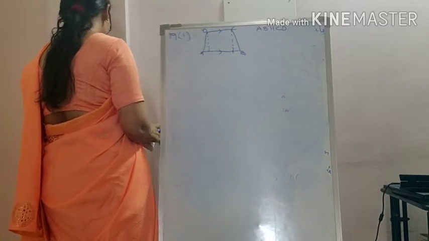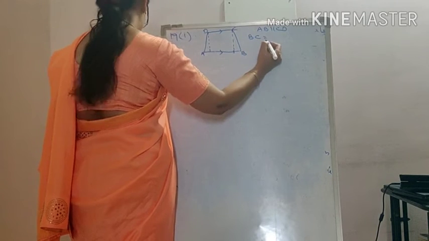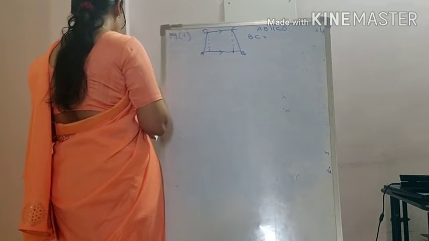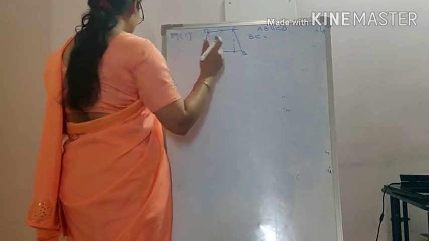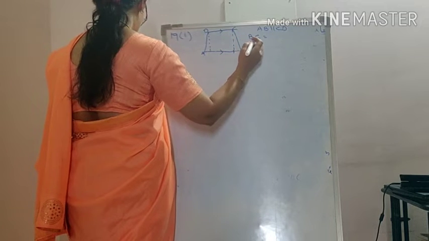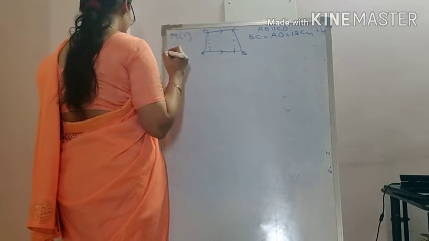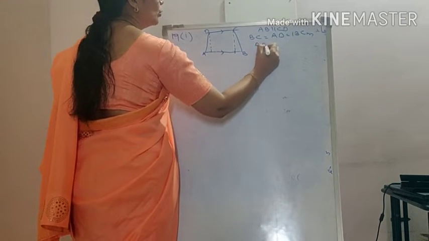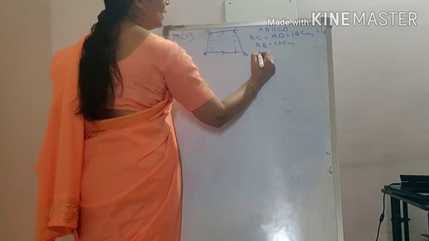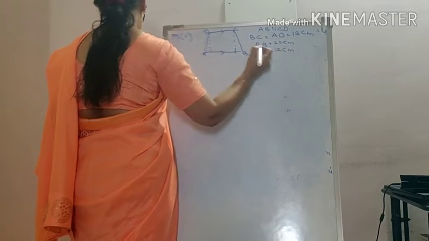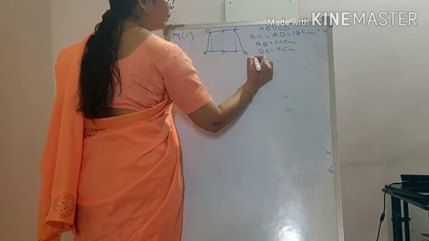This is the given information, and he is saying that BC is equal to AD is equal to 13. AB is 22. BC is 12. We have to calculate the height of the trapezium.